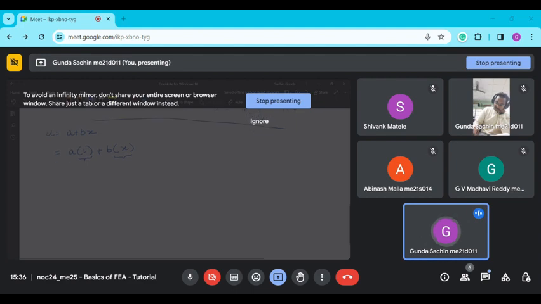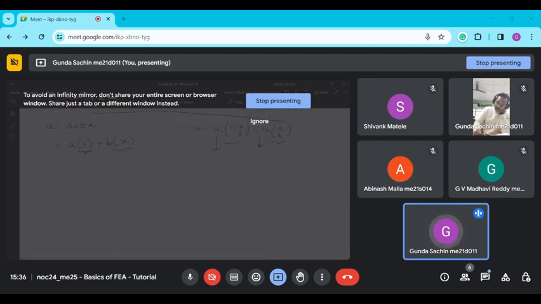You can think of this as two independent functions and corresponding coefficients to scale them. Similarly, when you write this as u1 times (1 minus x by l) plus u2 times x by l, these are two functions and corresponding coefficients. Instead of writing in terms of 1 and x, we are writing in terms of 1 minus x by l and x by l.